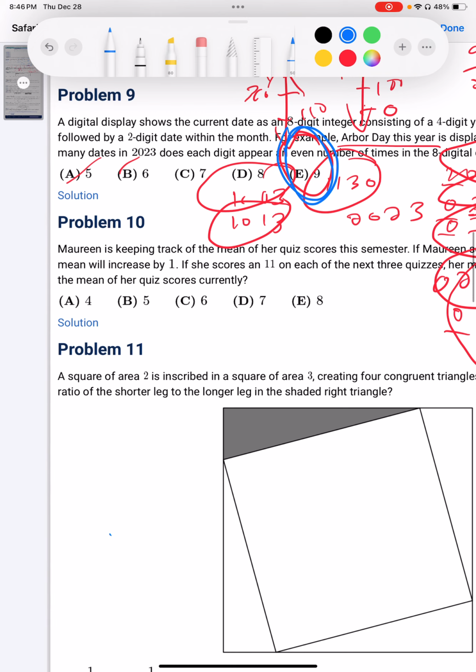Well, let's just say A over n plus 1 equals, you can say that, n plus 1 over n plus 1 equals A. So then A plus n.